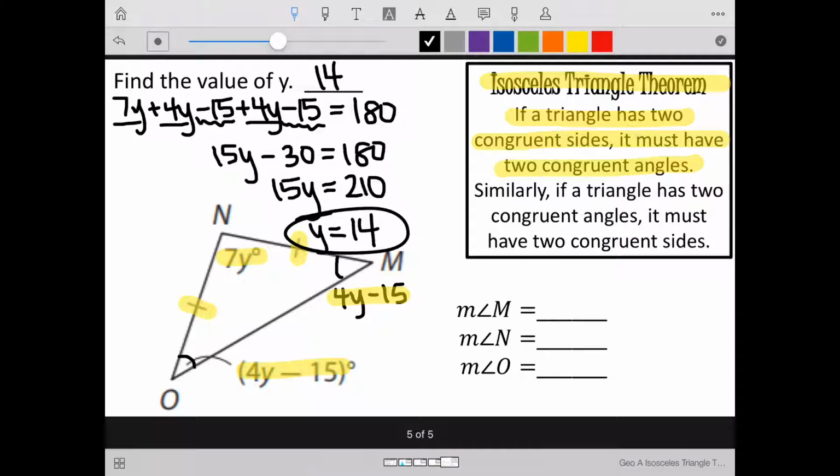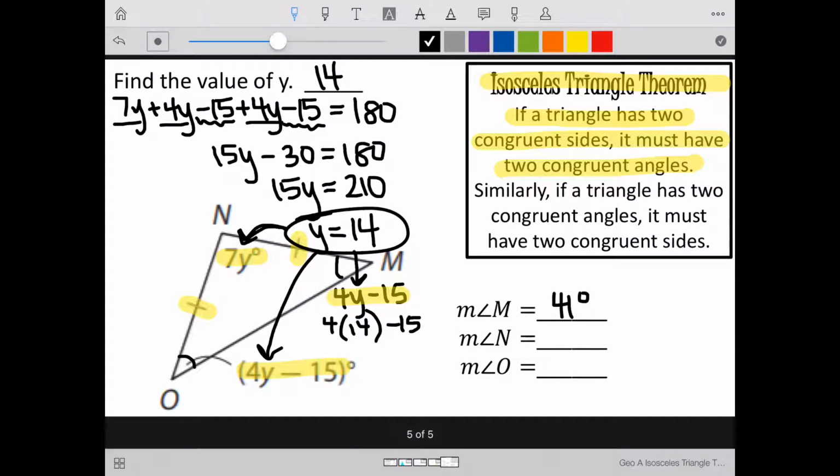Now, let's substitute our value of y into each expression to figure out the measure of each angle. So for angle M, I'm going 4 times 14 minus 15, which makes 41 degrees.